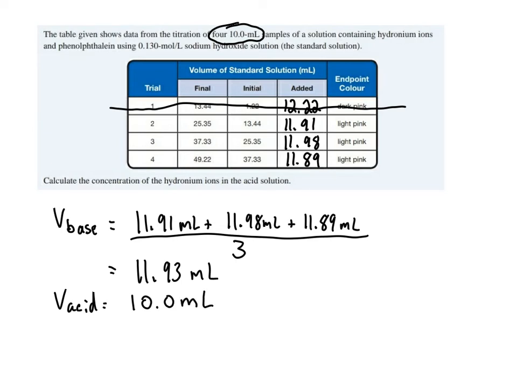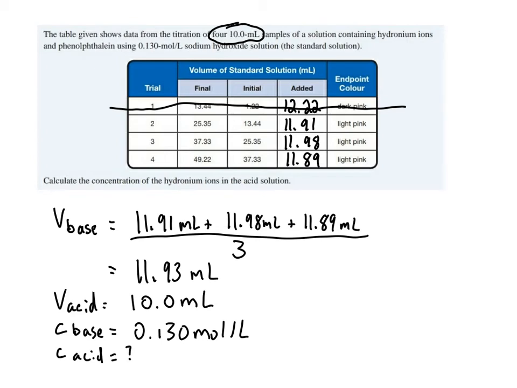The concentration of the base is given to us. That is going to equal 0.130 moles per liter. And the only unknown we have is the concentration of our acid.